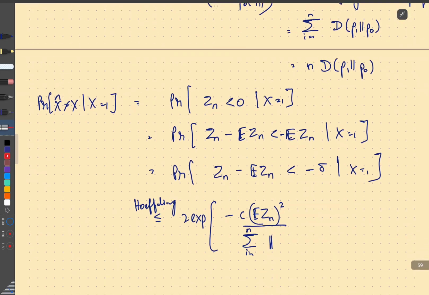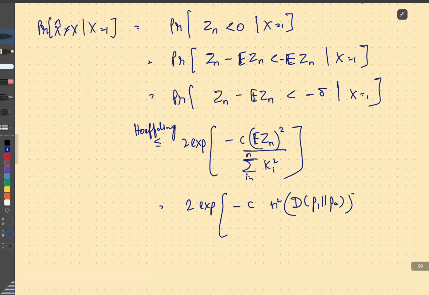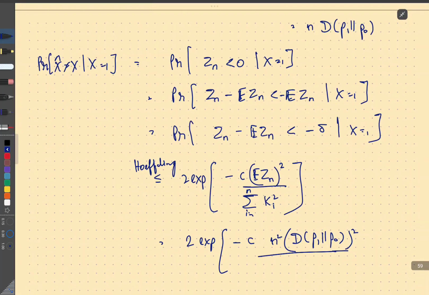These are the bounded random variables in question; let me call their bounds ki. So this is n squared times the KL divergence between P1 and P0, the whole square, divided by, what can I say about ki?